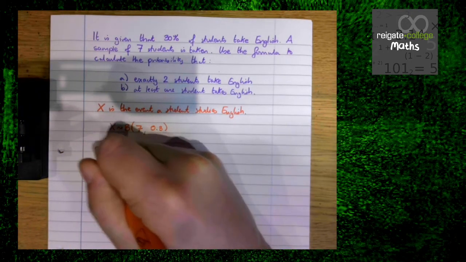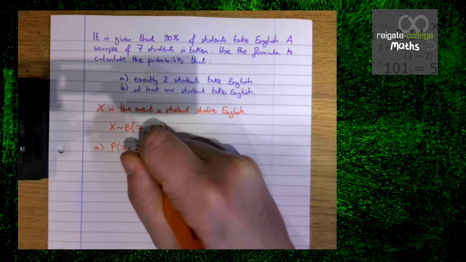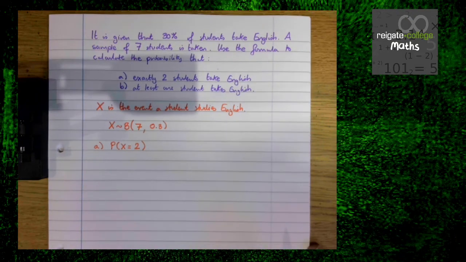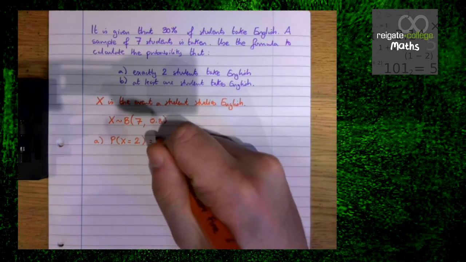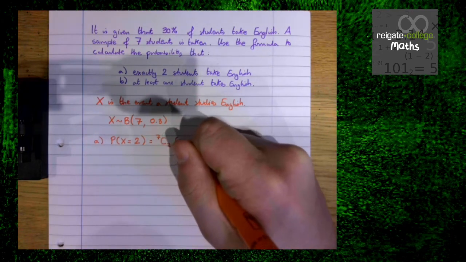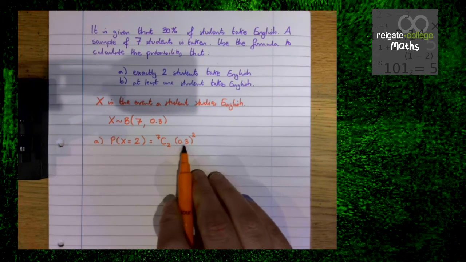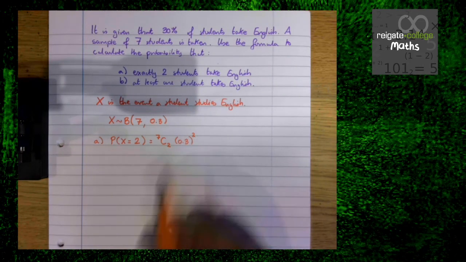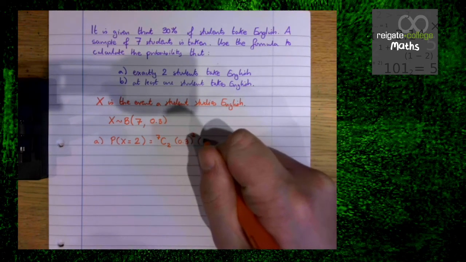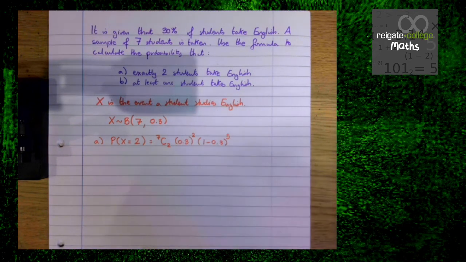So for part A, we are looking to find the probability that X equals 2. So there are 2 successes. So using the formula, we have 7 choose 2 times p squared, so the probability of success to the power of the number of successes, times 1 minus p to the number of failures.